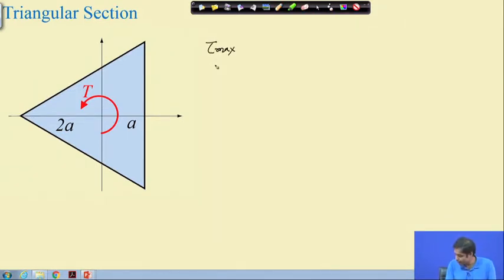Tau max is equal to tau yz, which you get at x is equal to a and y is equal to 0, and this will be 3 by 2 mu into alpha into a.